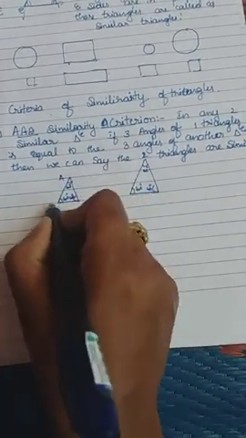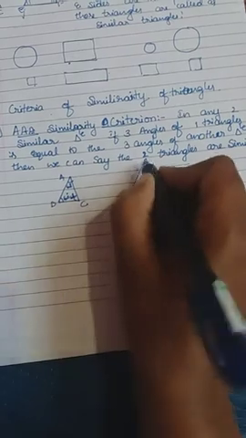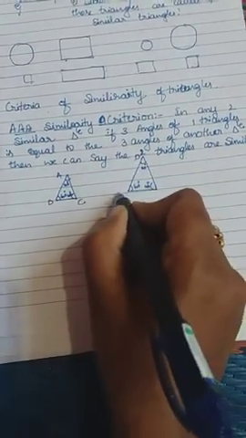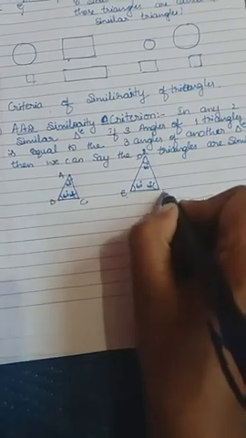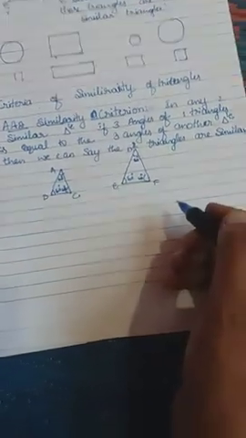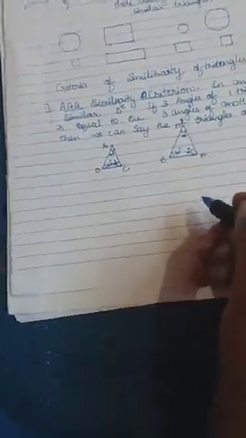That is, angle A equals angle D, angle B equals angle E, and angle C equals angle F. The name itself says AAA means three angles are equal.